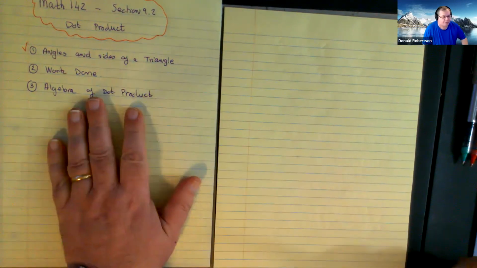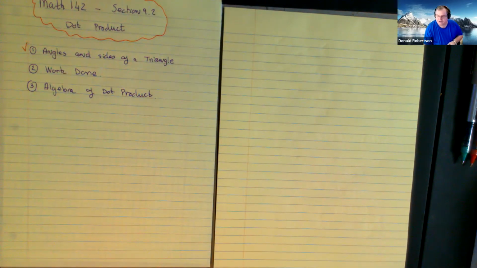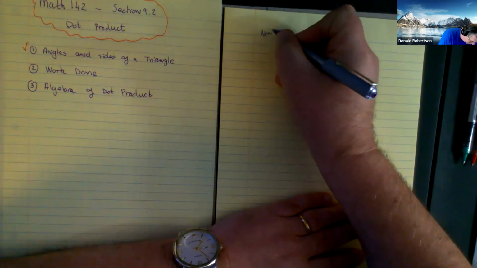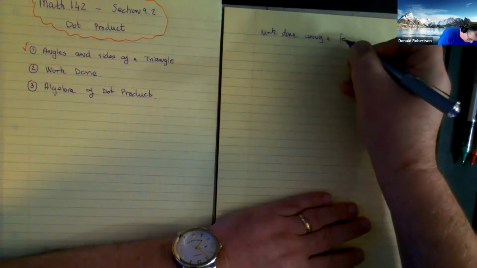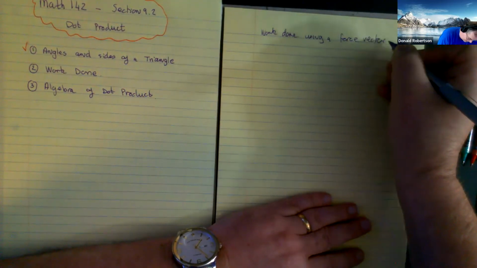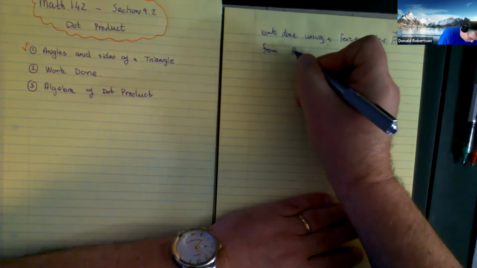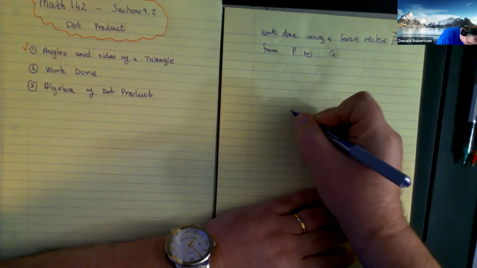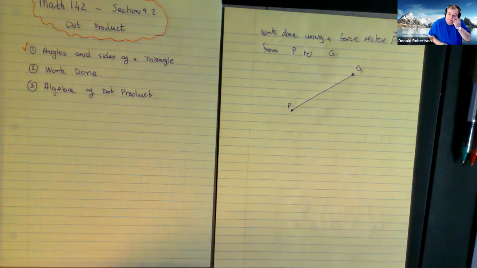Are there any more questions before we do the work done questions? Are we good with that? Okay. So we're moving on now to essentially find the work done using a force vector F from some point P to some point Q. So imagine P is here at the bottom of a hill and Q is here at the top of the hill, right?